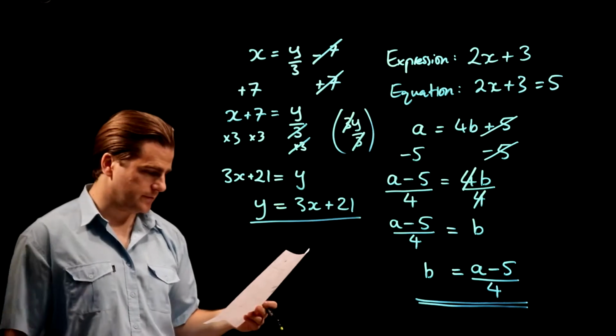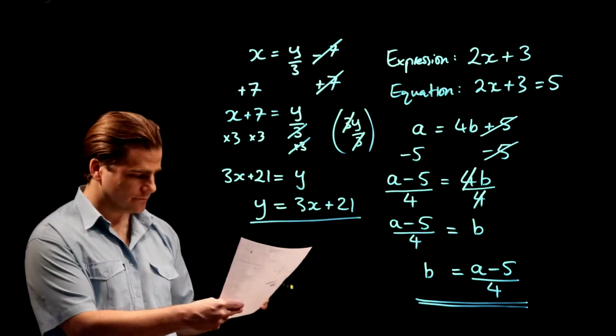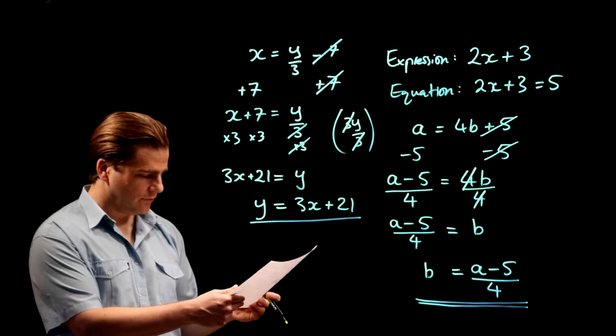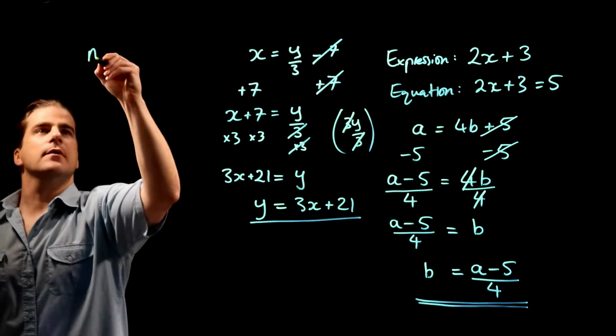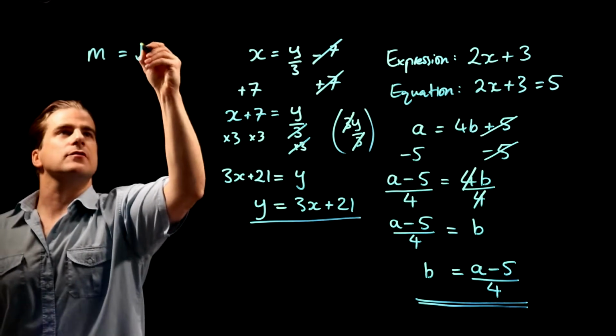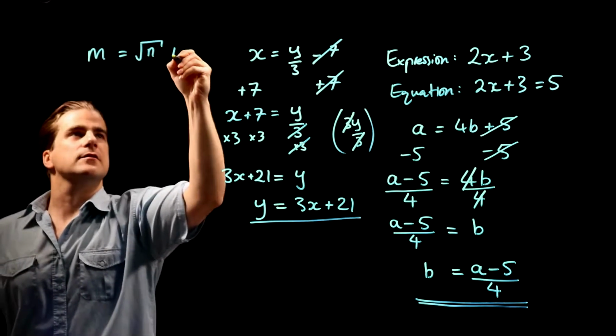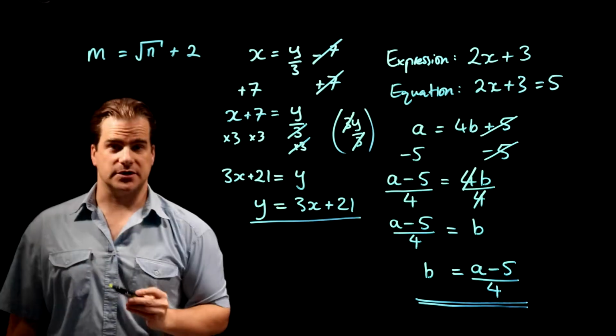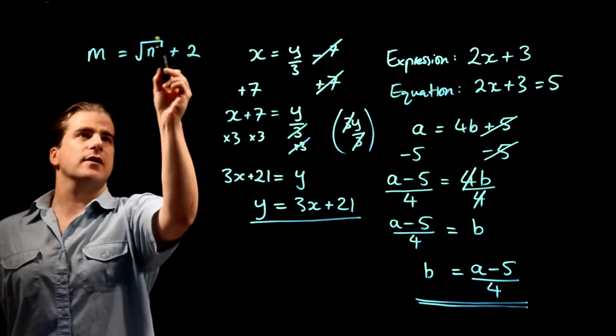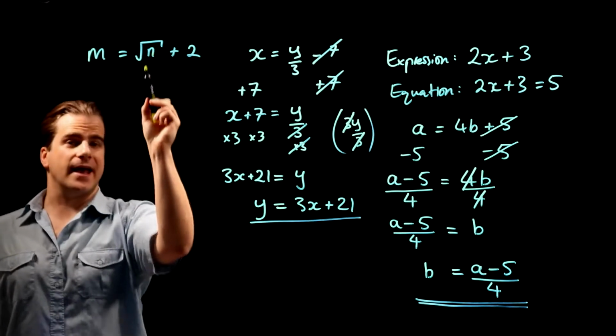Okay, good. Let's do another one. m equals the square root of n plus 2. We're going to make n the subject. Notice that the square root is only rooting the n, not the 2.